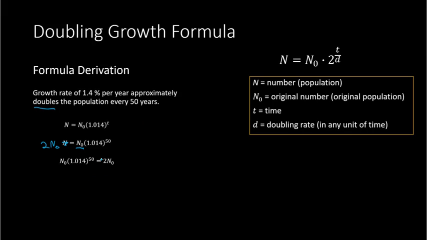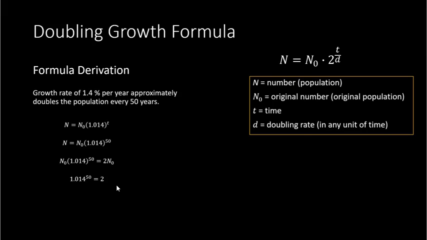Doesn't matter how we write it. We have N sub o times 1.014 to the 50th power equals 2 times N sub o. Then we can divide both sides by N sub o, and that cancels out on both sides. We're left with 1.014 to the 50th power equals 2.